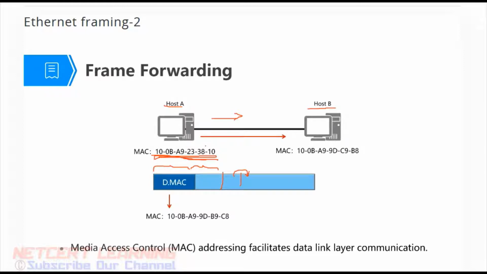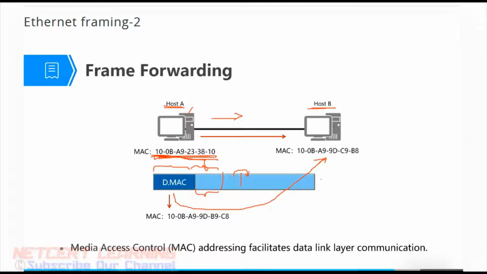Each network interface card in the computer must have a MAC address. When host A sends the data to host B, it should fill in these fields. The source should be itself, and the destination should be the device host A wants to send the data to. In this scenario, it's host B.